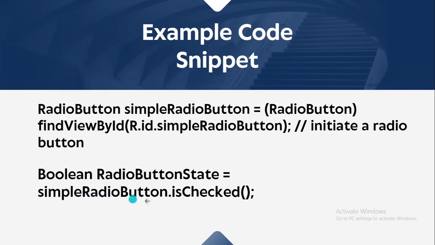So we have used simpleRadioButton.isChecked. This simpleRadioButton is the object name. It will return whether this control is checked or unchecked. If it is checked, then it will return true and will be stored in radioButtonState. Otherwise, it will return false.